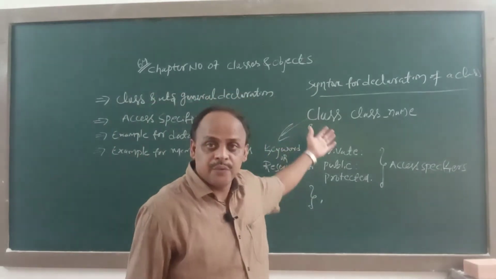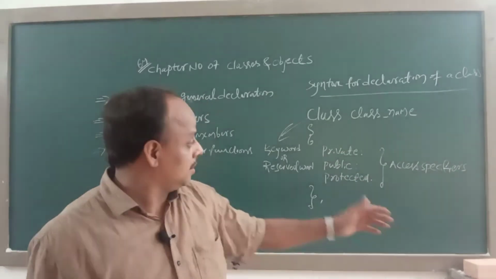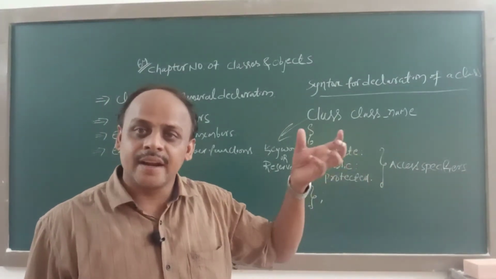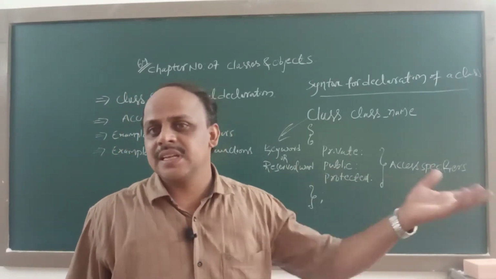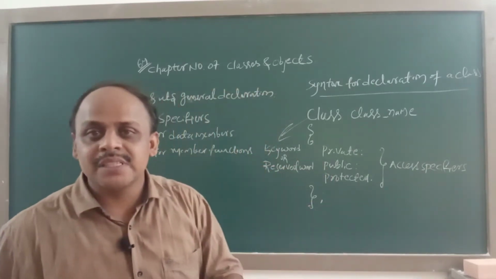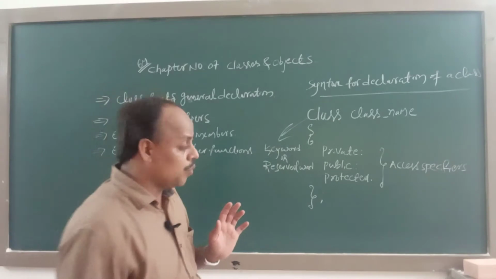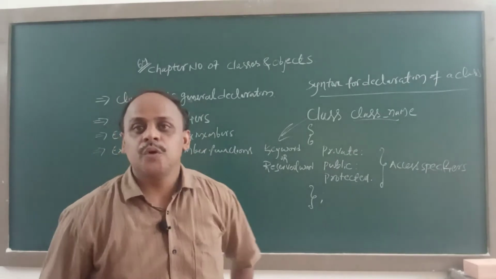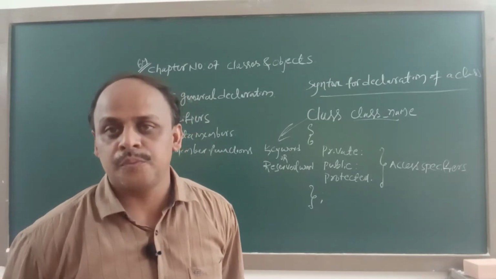So whenever we declare objects, those objects are class variables, and they must have a data type. So whatever name we write here is going to act as the data type for the objects.